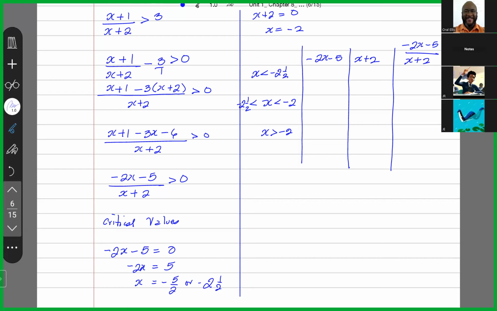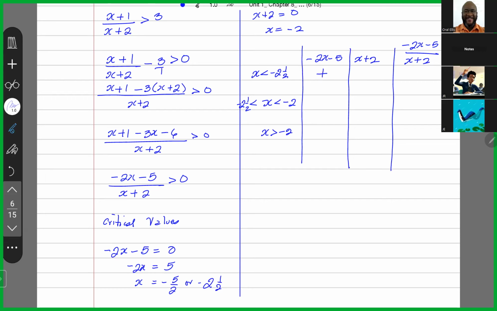Now, let us say for values of x less than minus 2½, for example, if x is minus 3, minus 2x minus 5 is going to come out positive.